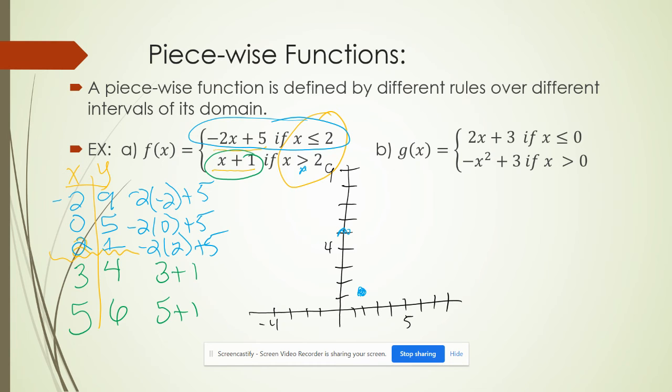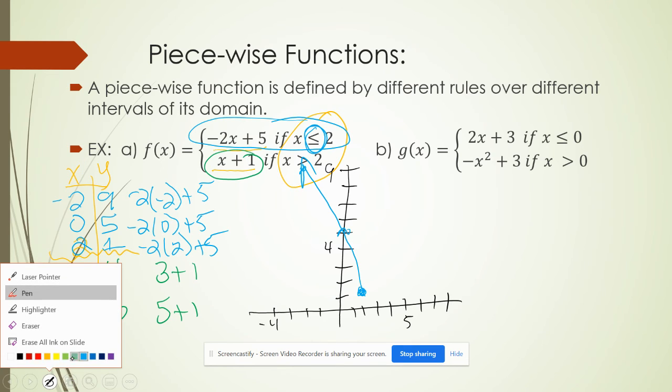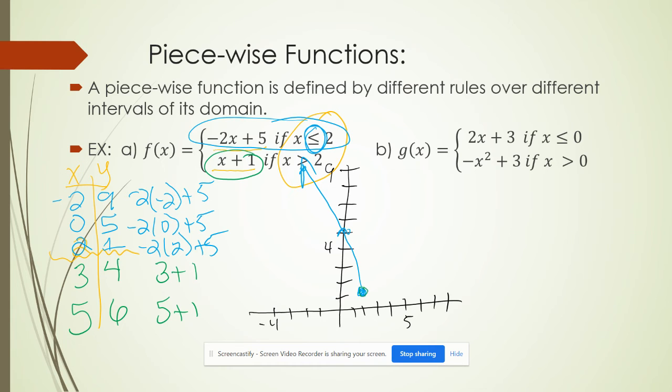That gets filled in for this part of our graph because it's equal to. For the green part, this would have been an open circle at 2.